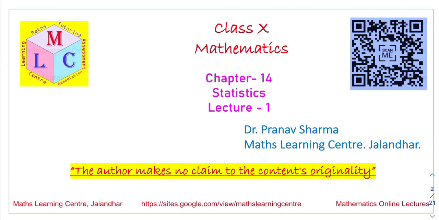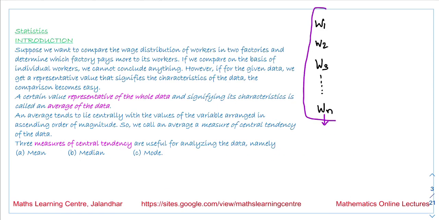We are going to start now the next chapter, chapter 14 of class 10th mathematics, statistics. We start this chapter with a certain example. Suppose there are two factories and the wages of the workers of these two factories are given to us.